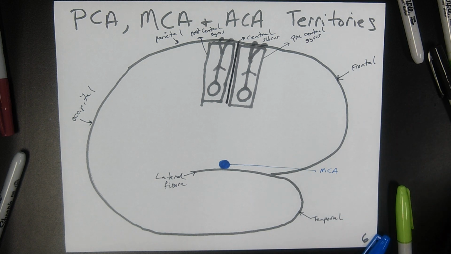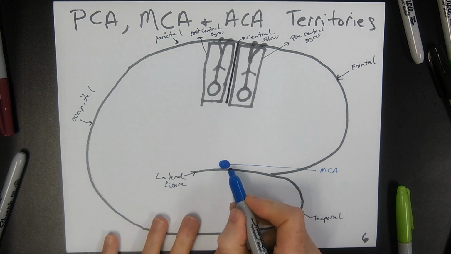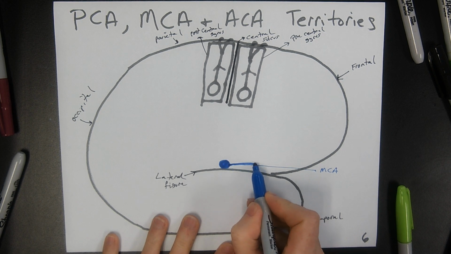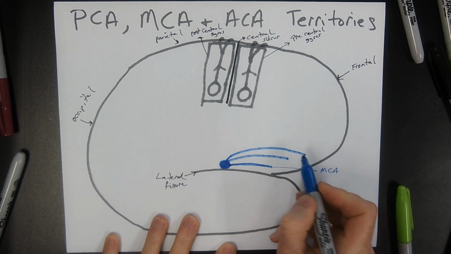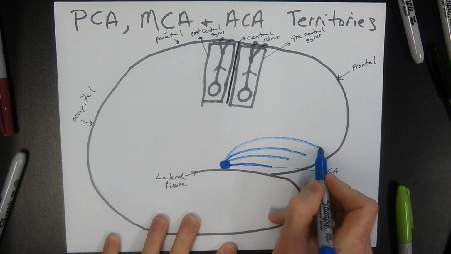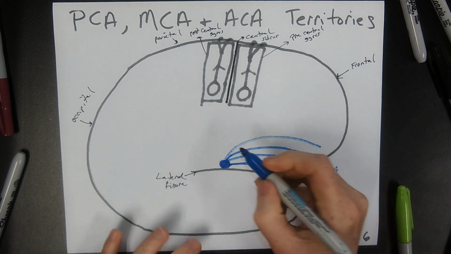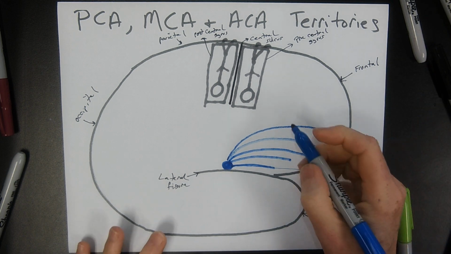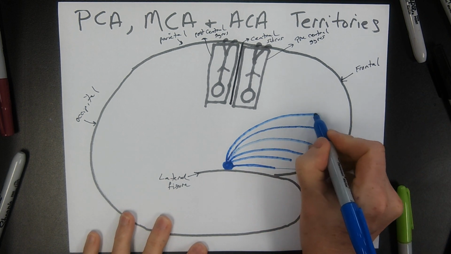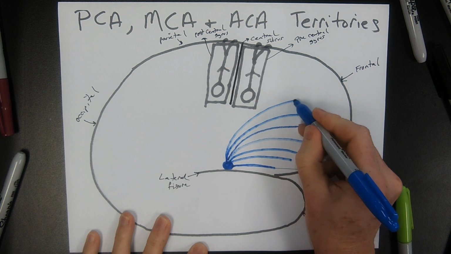There have been people asking about the territories of different things. The MCA has a huge territory that covers the majority of the lateral surface of the brain. So the MCA has a territory that's all going to be in blue here. Comes out like this. I'm going to run out of blue. And this is all MCA territory.